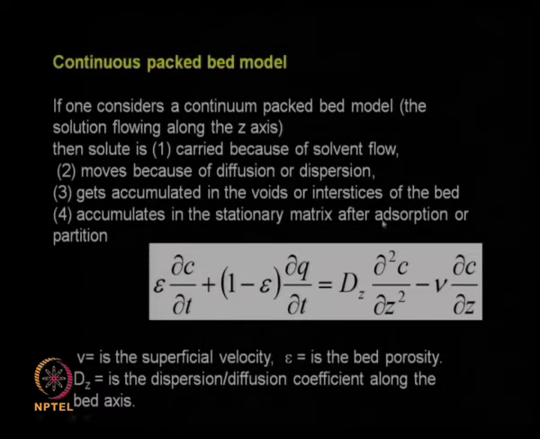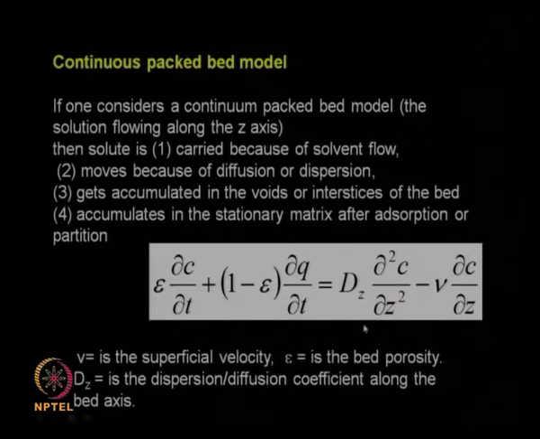So if you combine all these you are going to end up with a partial differential equation. This is a typical partial differential equation. So on this side, that is on the right hand side, you can see you have a diffusion term here, this is called the axial diffusion or dispersion term, and then this is going to be a d square c by dz square.